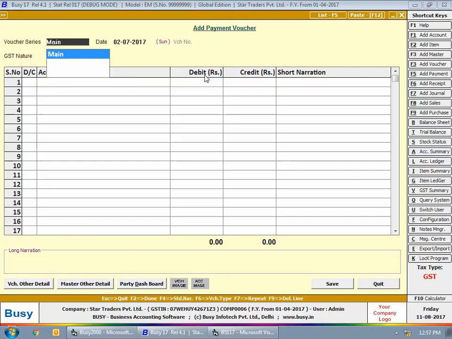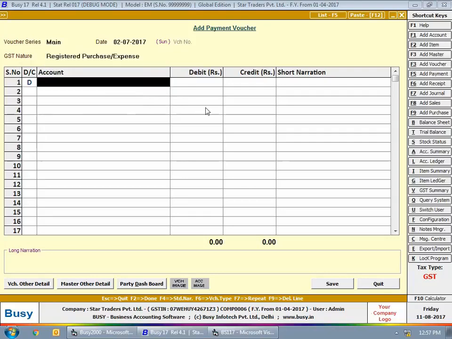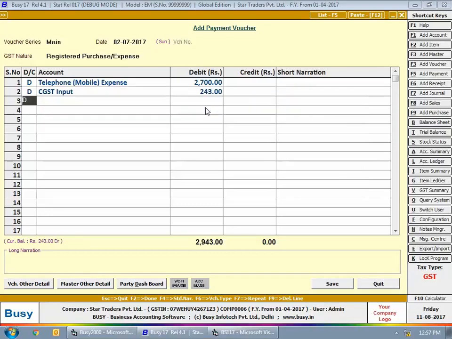Next, we are entering one more payment voucher on 2nd July. Here we have taken the GST nature as registered purchase / expense. We are debiting telephone mobile expense with 2700 rupees, debiting CGST and SGST input accounts with 243 rupees and crediting the State Bank account, that is, we have made this payment through cheque.